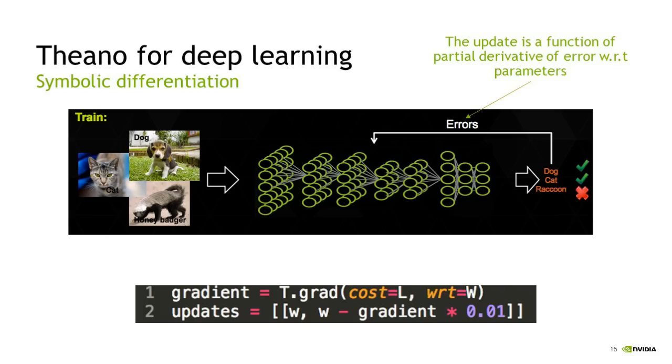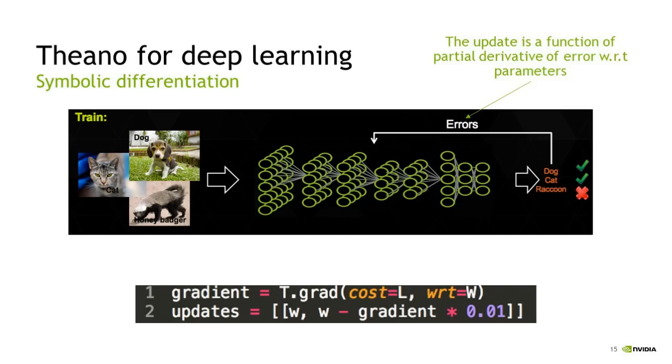The way that works is that the function to update the weights is actually a function of the partial derivative of the error with respect to the parameters.